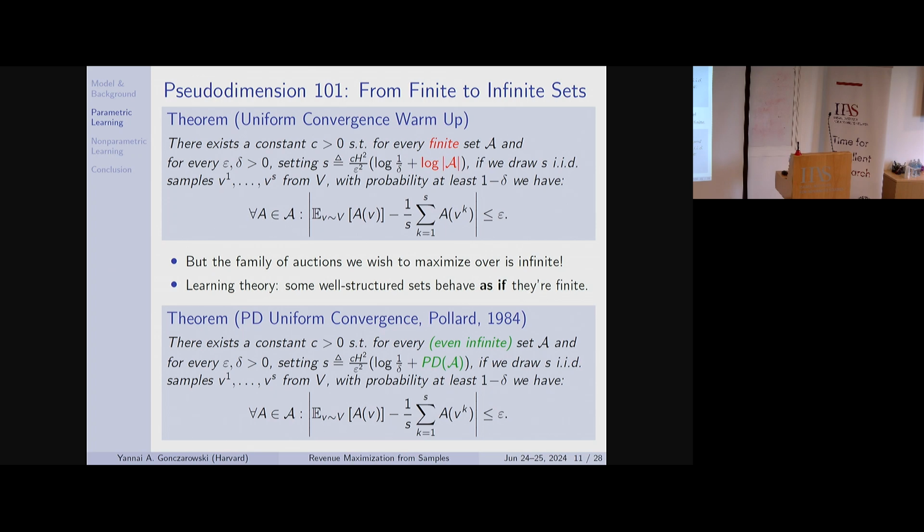That's the answer to it. I want something better here than log of the size of the set of all mechanisms I optimize over. For tomorrow, we'll get back to many things you're saying today.